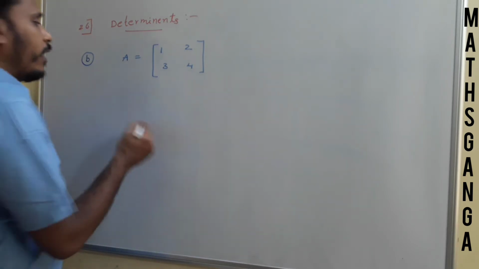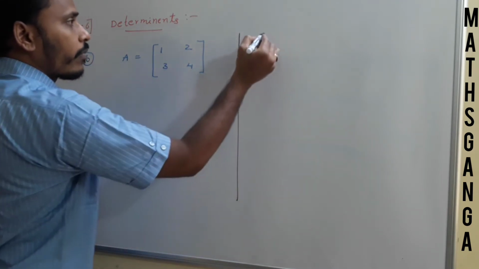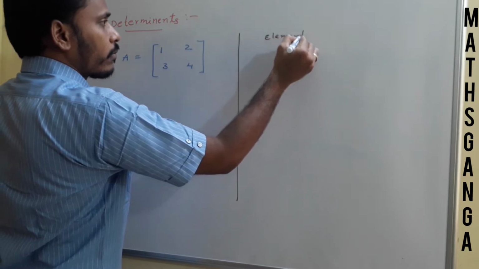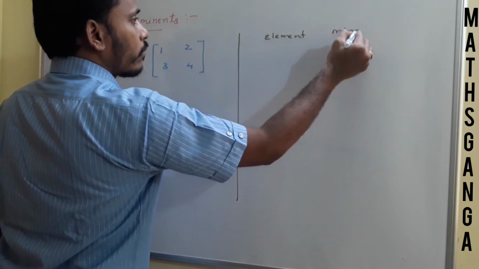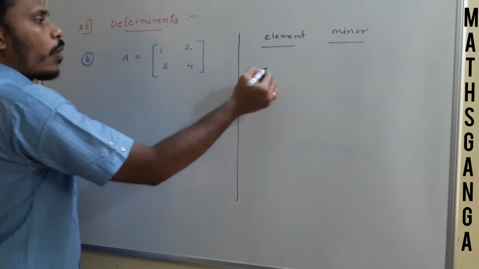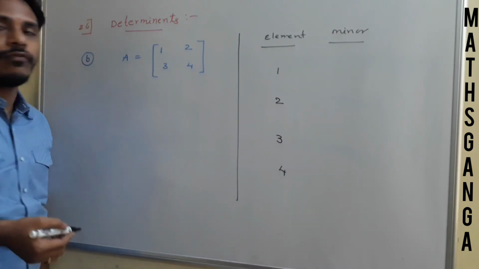I will give you an idea. I will take element as well as minor. What are the elements in the matrix? There are 4 elements here in the matrix: 1, 2, 3, 4.